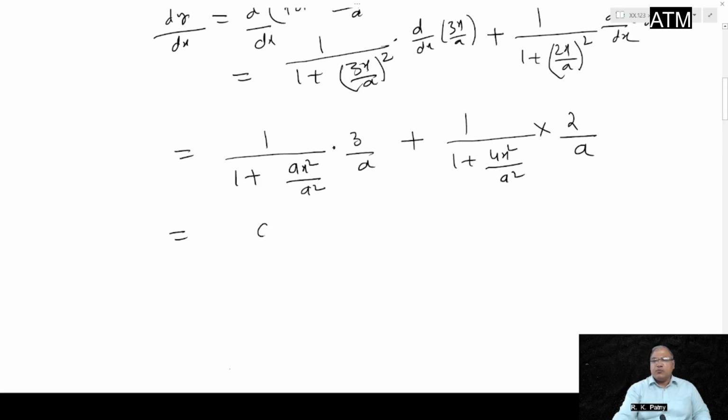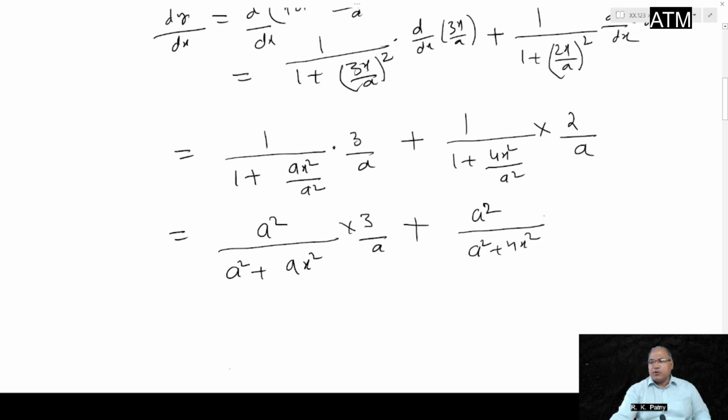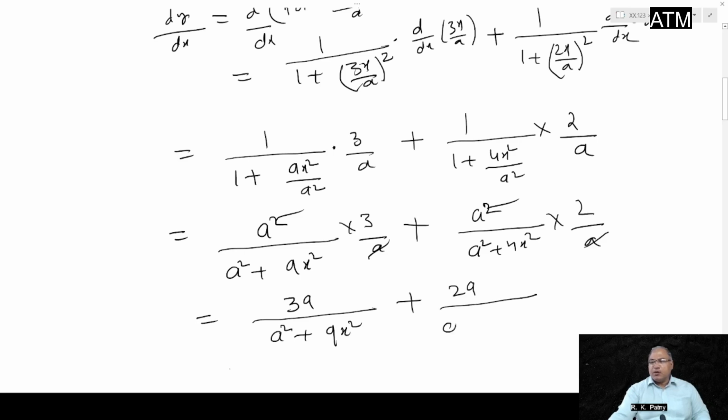This is equivalent to a square upon a square plus 9x square into 3 upon a plus a square upon a square plus 4x square into 2 upon a. A gets cancelled. Here also a gets cancelled. So that equals 3a upon a square plus 9x square plus 2a upon a square plus 4x square. This is nothing but the required dy by dx.